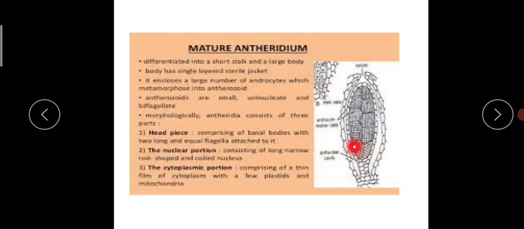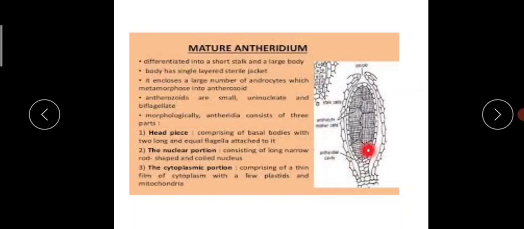And the body of the antheridium, as you can see here, has a sterile jacket layer. This is the single layered, sterile jacket layer.